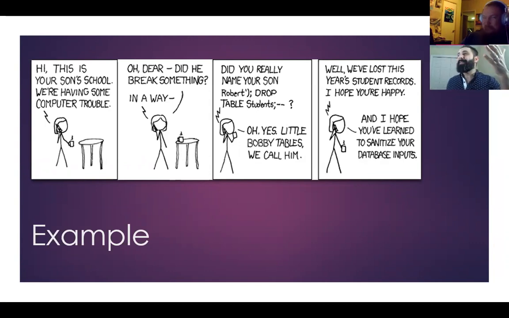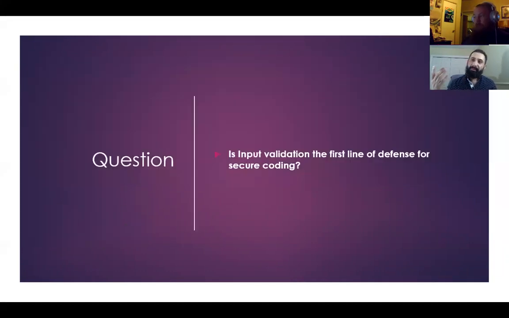They didn't validate the information, and what happened is it executed DROP TABLE Students and they lost the data for their students. That's input validation. It's one of the examples that is funny and sad at the same time, because they lost the data because they didn't validate that this data is a name, not an execution.